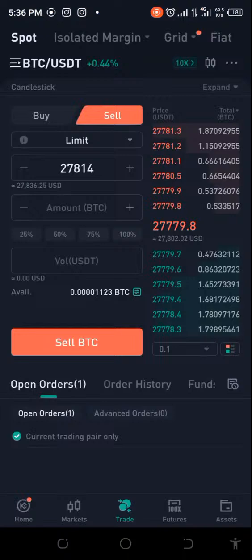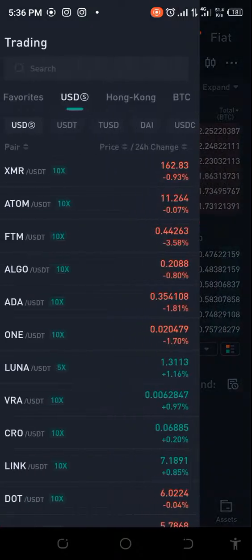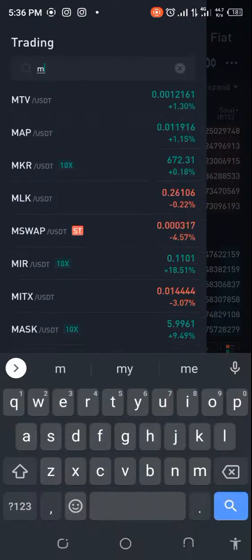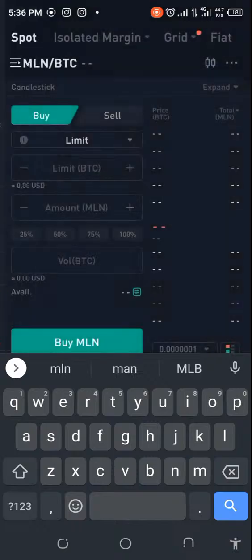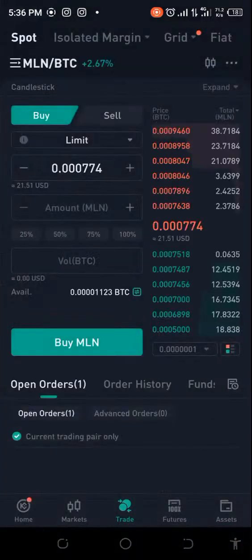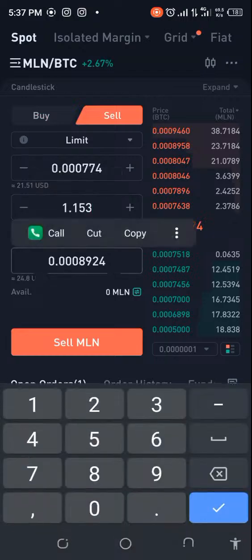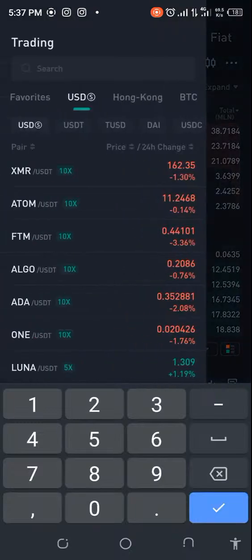I've initially checked the withdrawal amount, which is about 20 cents. That's quite high, but it's ERC20, and I'm even surprised it's not higher when it comes to ERC20. That's the network fee, right? So let's go ahead, MLN, and pick that out. We have 774. We put sell, we put the amount of MLN we have, then we copy that and quickly go and see whether we'll make money with this.